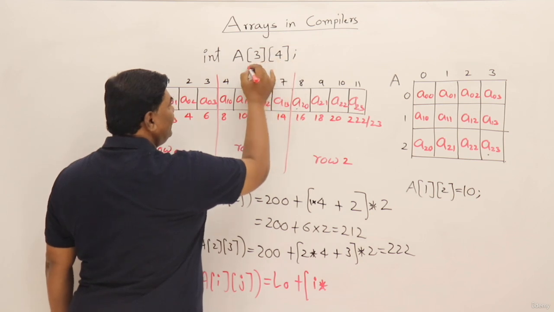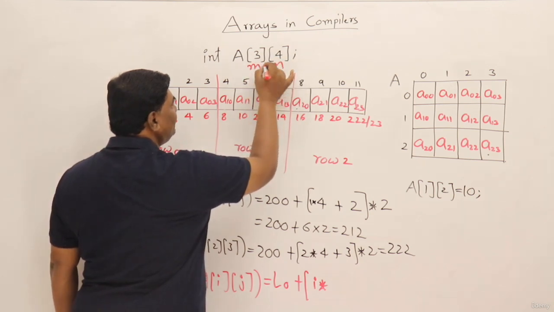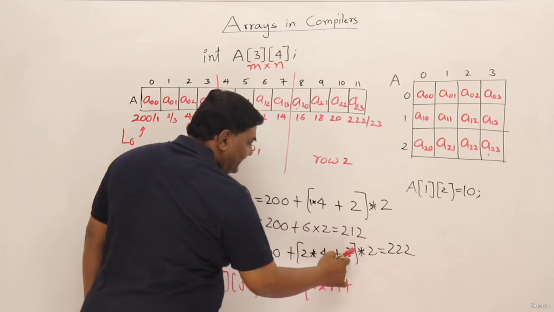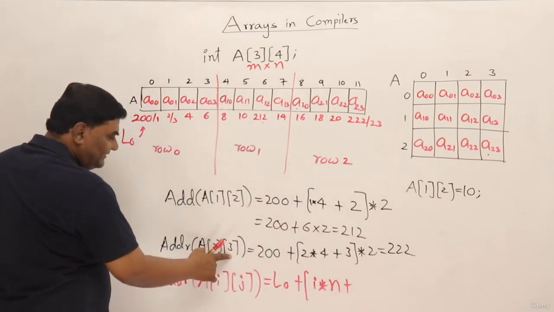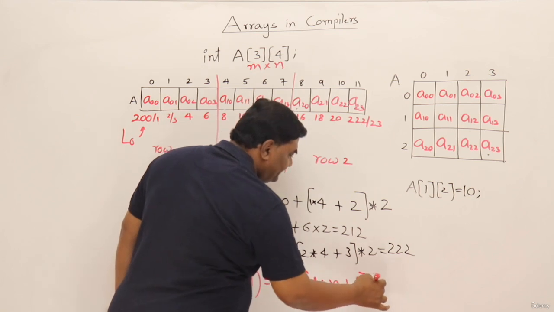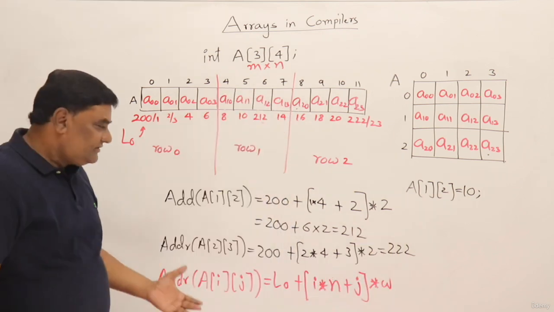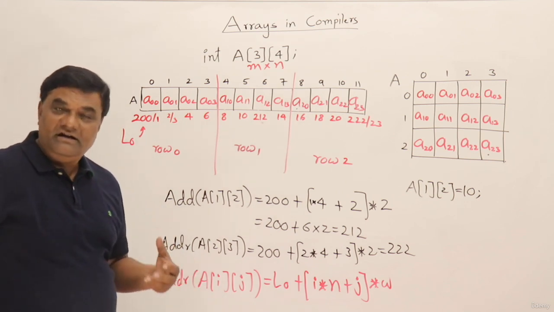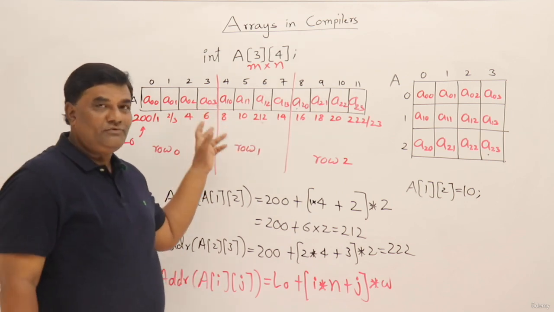Let us call this m cross n, so this is n, plus j, the third element here, and this whole thing multiplied by w. This is the row major formula used by compilers for obtaining the address of elements of a two-dimensional array.